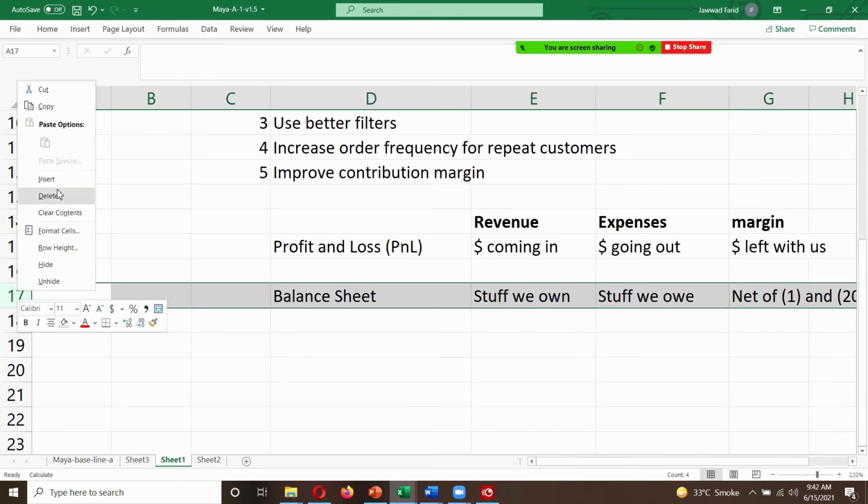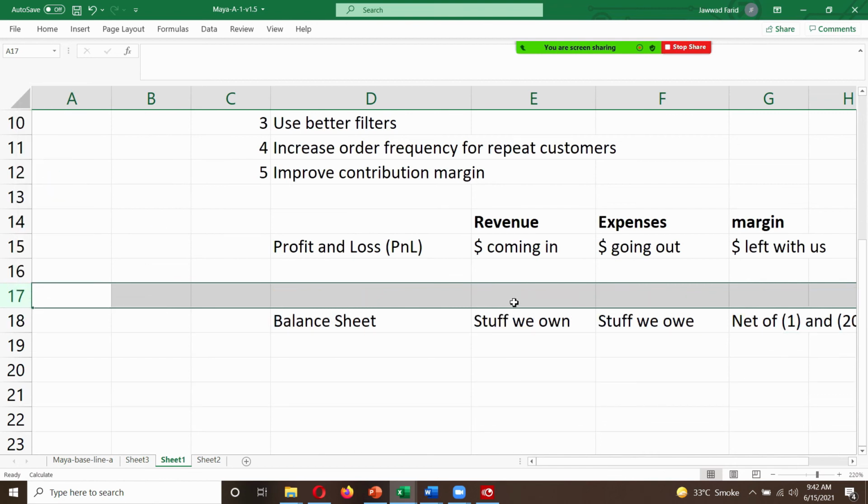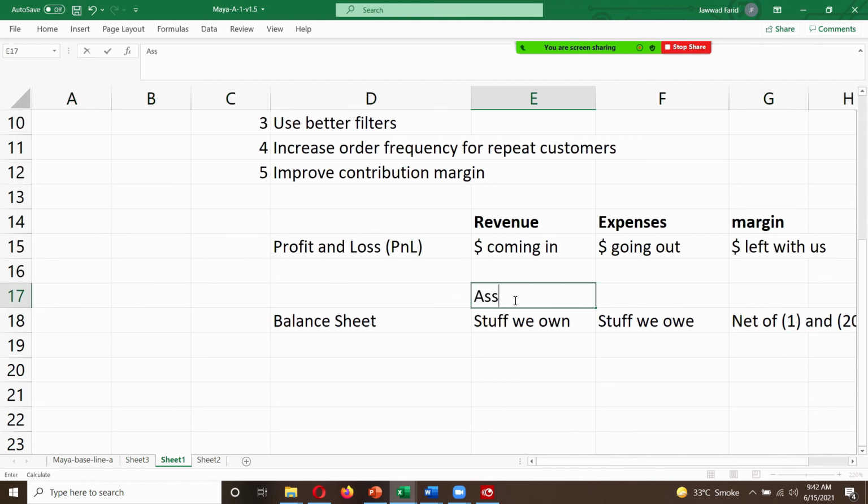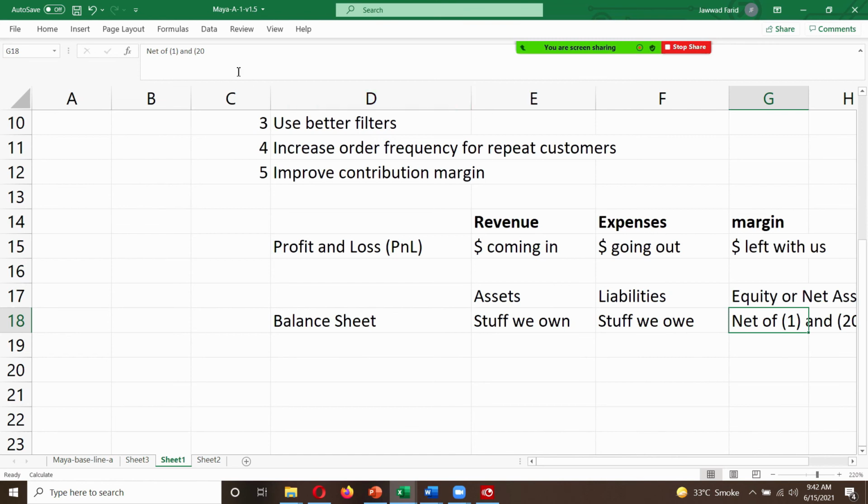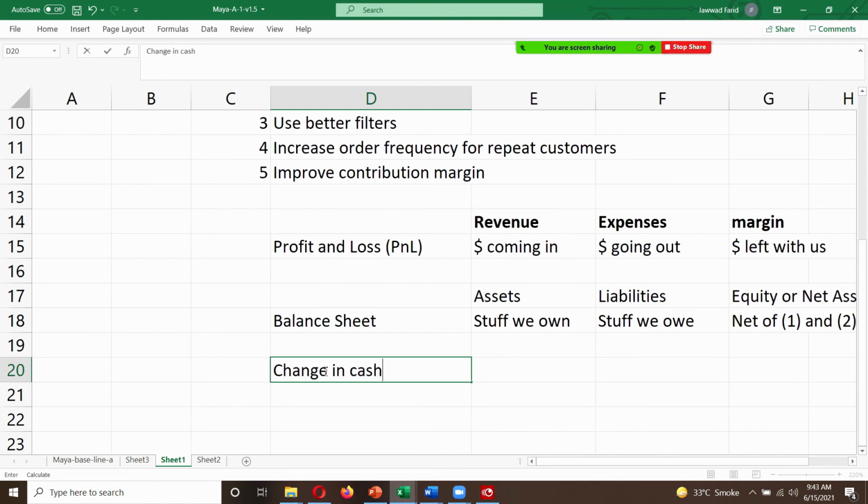So in this specific case, this is assets, this is liabilities, and this is equity or net assets. Then we have another statement that tracks change in cash position.